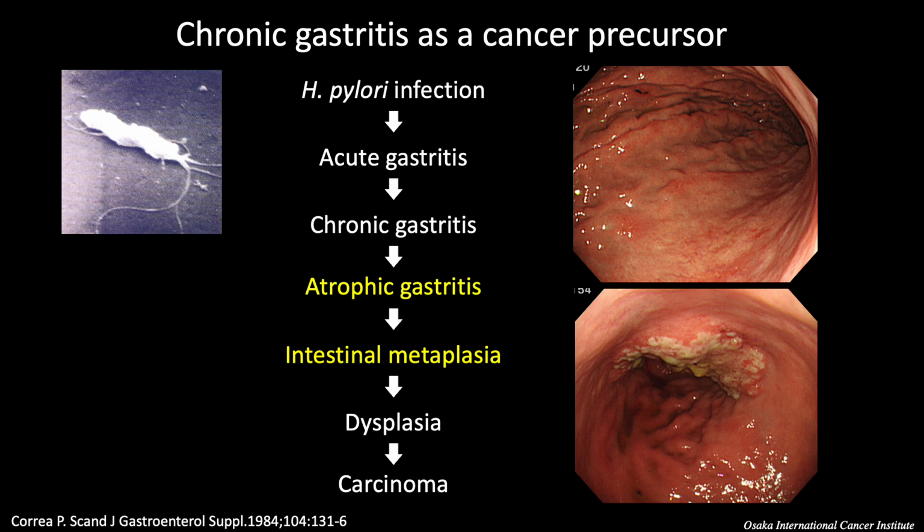Chronic infection of H. pylori causes sequential changes to the gastric mucosa, that is atrophic gastritis, intestinal metaplasia, dysplasia, and then finally carcinoma. So diagnosis of what state the gastric mucosa is in is very important to evaluate the risk of development of gastric cancer and to understand the pathogenesis of gastric disease.